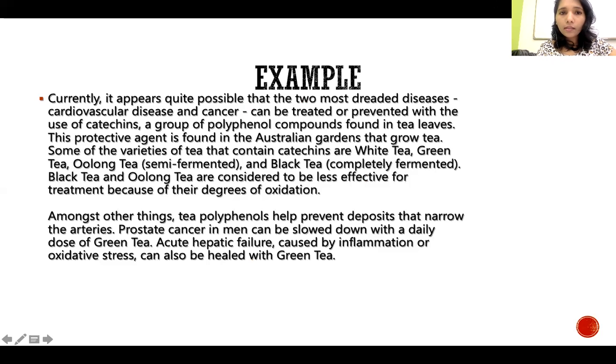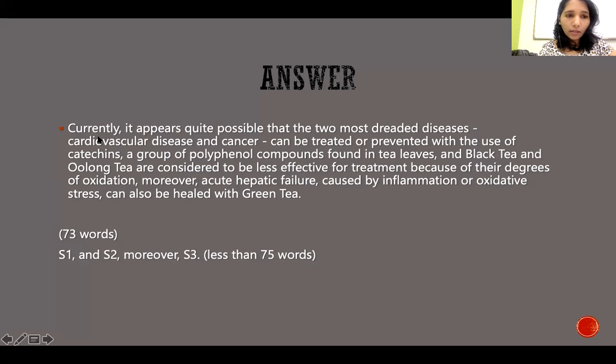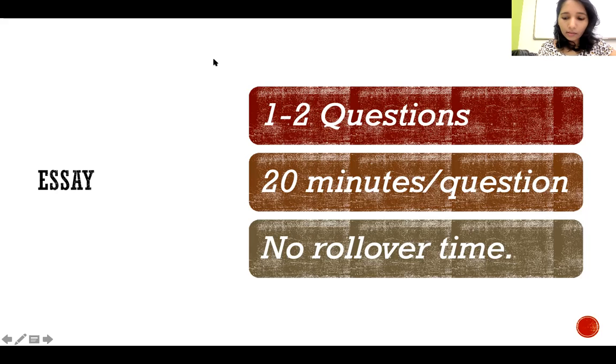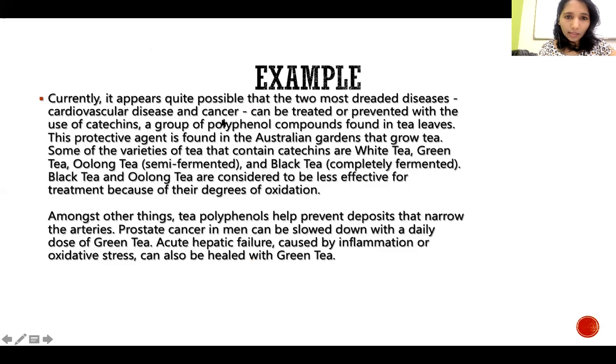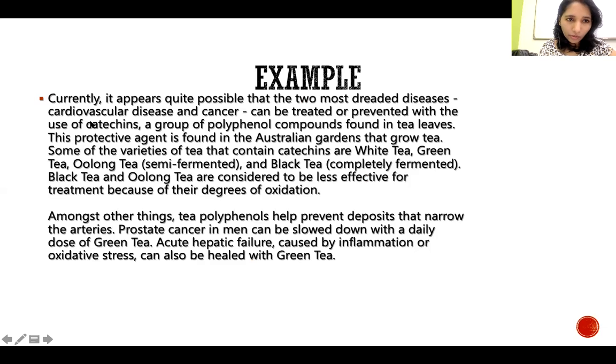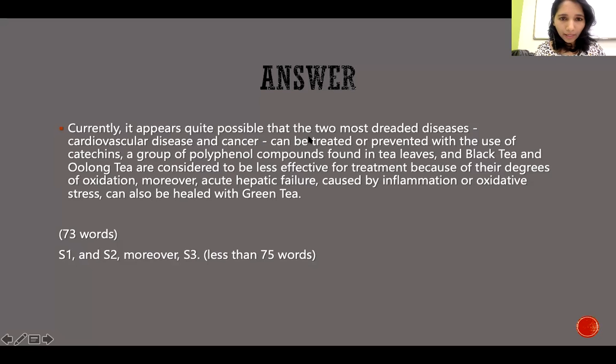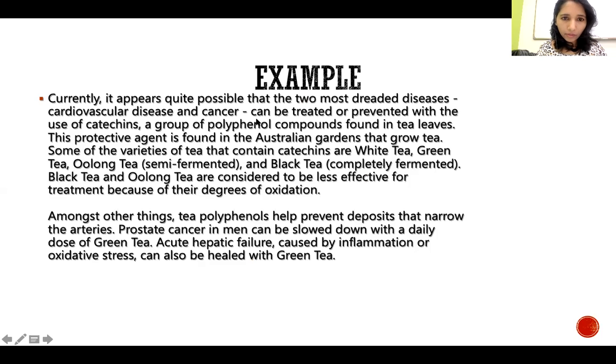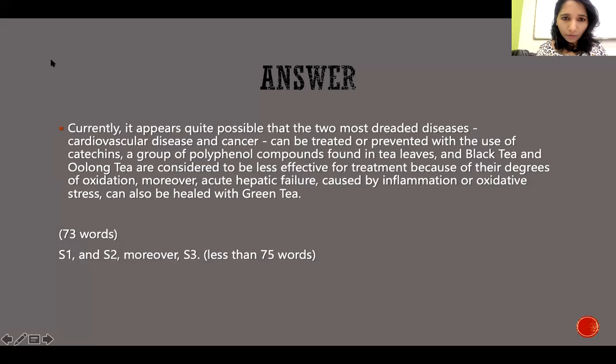So to answer this question, you can answer it like this. So I take currently until prevented with use of catechins. So I'll take my first sentence until catechins. So I take this to be my first sentence. And then I borrow this comma as well from the original passage. And then I put, okay. So I take my first sentence maybe from till here. Then I put and.